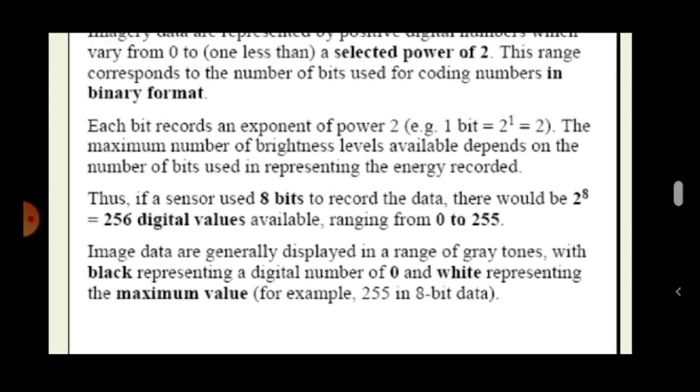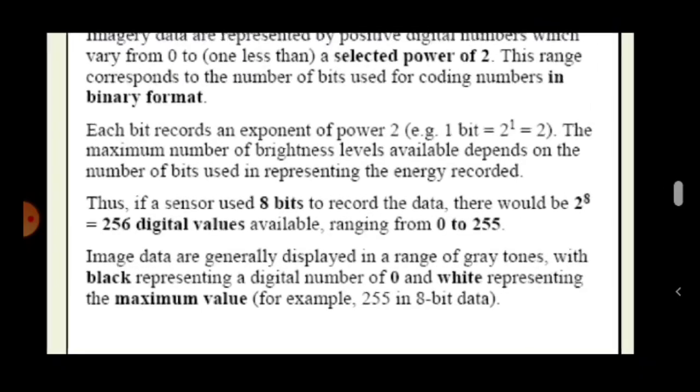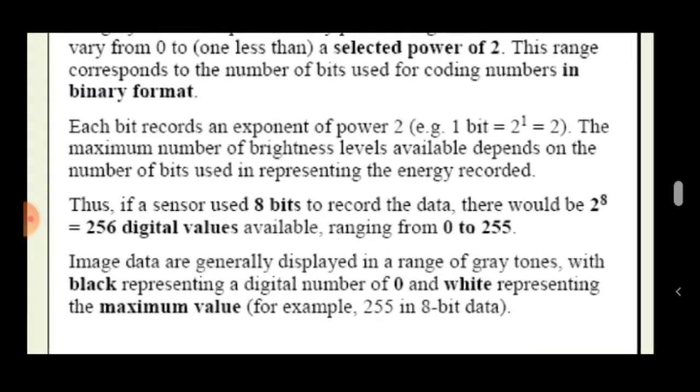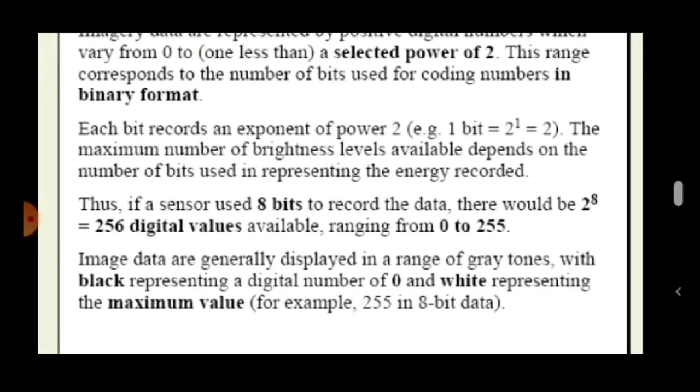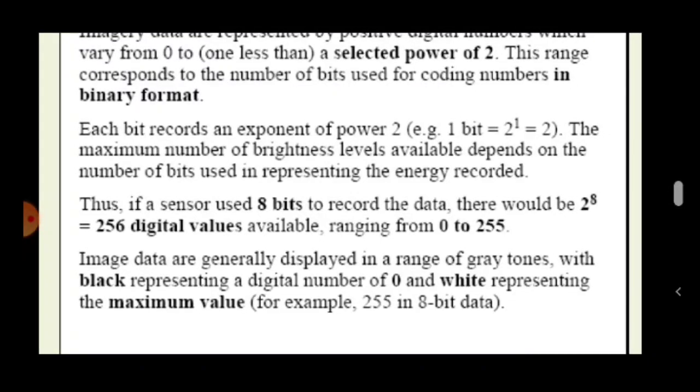When it comes to the power of 2, assume 2, so 2 to the power 2 is 4. There would be 2 bits to record the data, so only 4 digital values are available, and all the data ranges from 0 to 3.